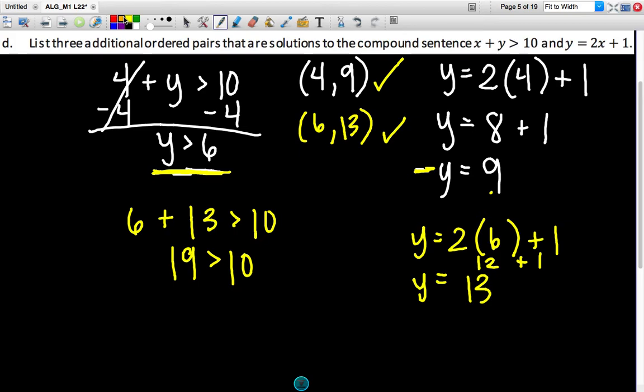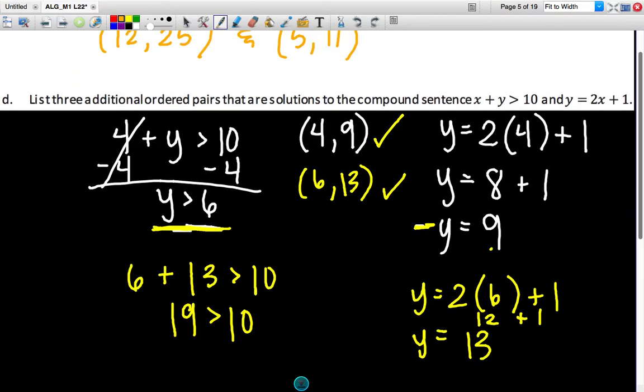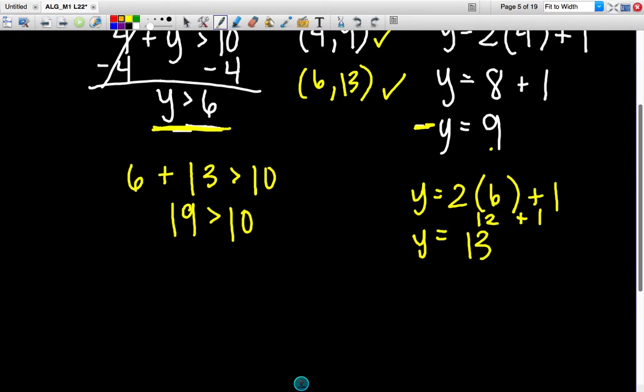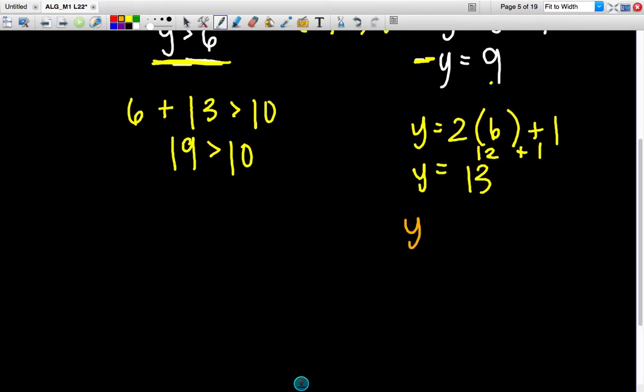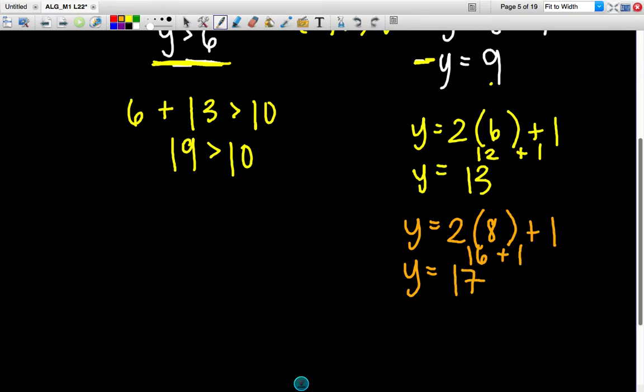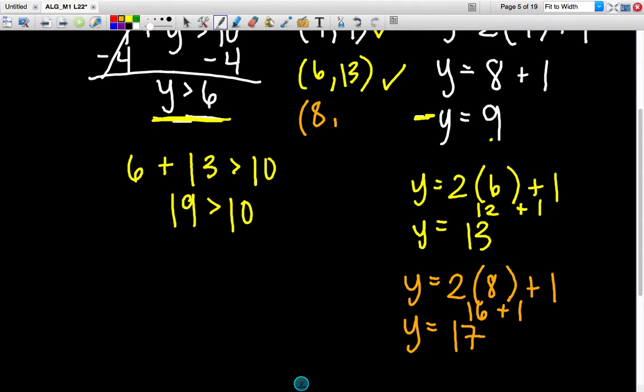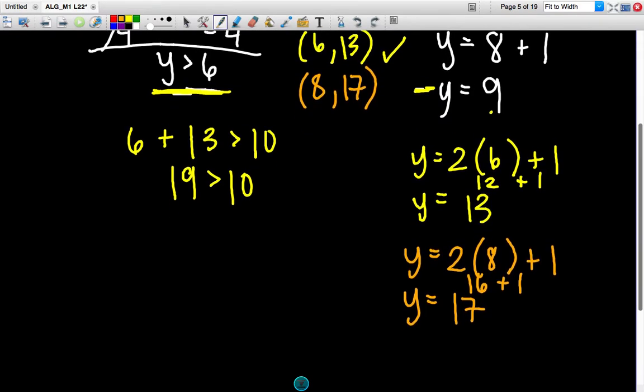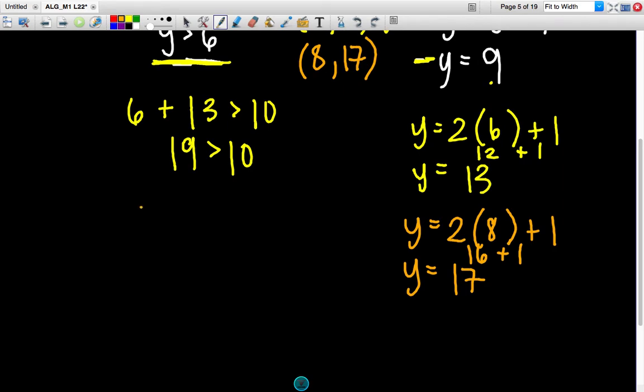And let's plug in 8, see what we get with 8. So again, let's plug into the y. y equals 2 times 8 plus 1. 2 times 8 is 16 plus 1. That would make 17. So it looks like the coordinate pair (8, 17) would work. Now let's make sure it holds true for the inequality. x plus y is greater than 10. 8 plus 17 is 25.